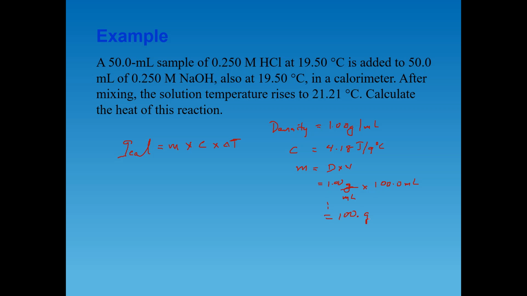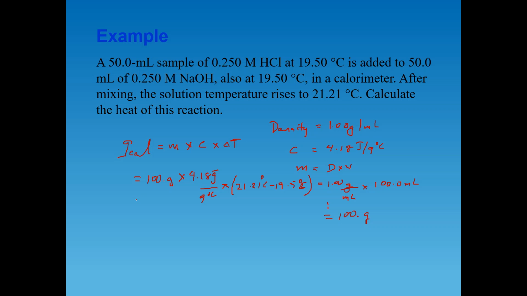So in this equation, Q of the calorimeter is the mass, 100 grams, times the specific heat, which is 4.184 or 4.18 joules per gram degree Celsius, times the change in temperature, which is the final temperature minus the initial: 21.21 degrees Celsius minus 19.5 degrees Celsius.